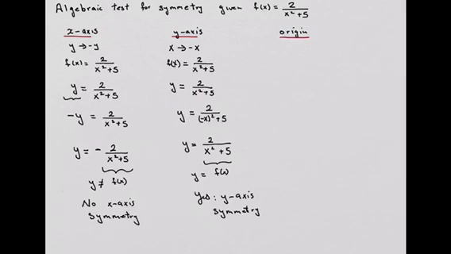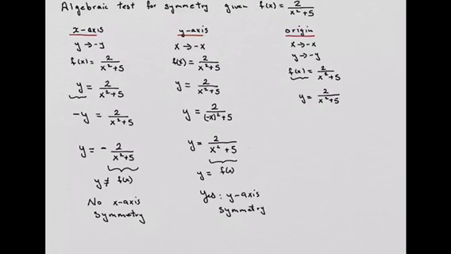And now we perform the origin symmetry test. For origin symmetry, we want to make sure that x is replaced with negative x and y is replaced with negative y. So f of x is equal to 2 over x squared plus 5. This is the same as y, so y is equal to 2 over x squared plus 5. And y is being replaced with negative y, so negative y is 2 over, and x is replaced with negative x.